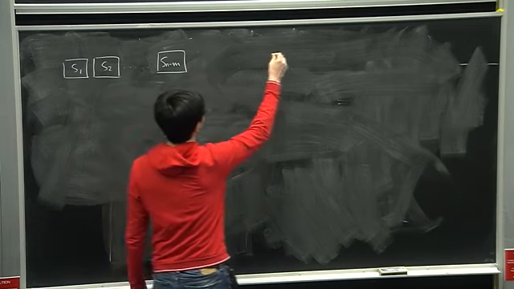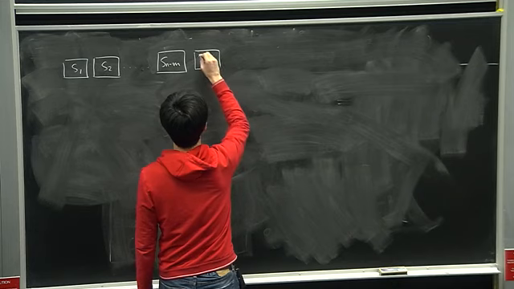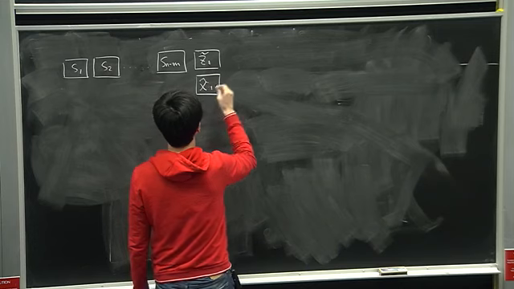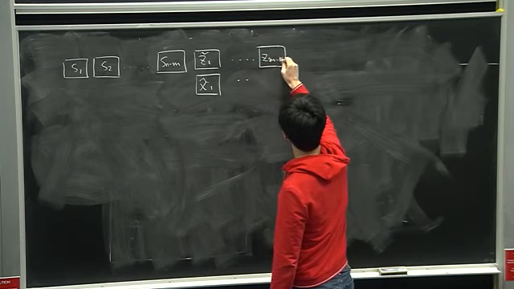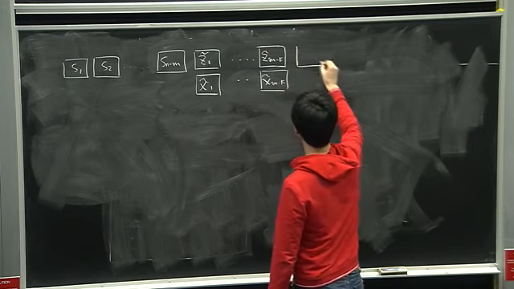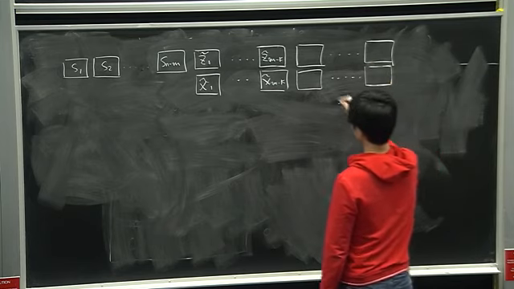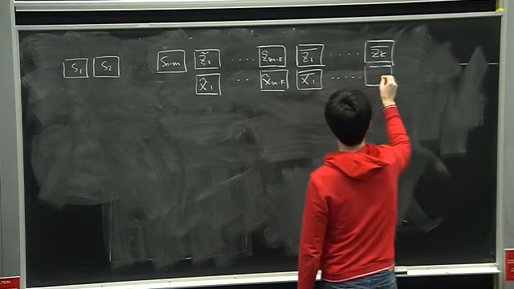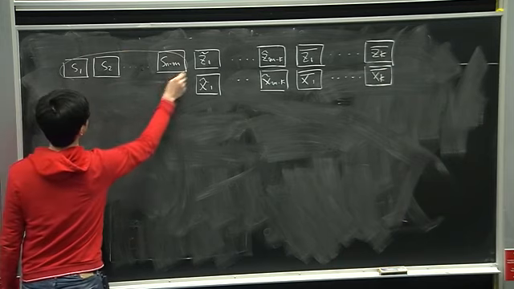And then now you have logical operators for gauge qubits, and you have logical operators for a logical qubit. Okay. So this is the stabilizer group.